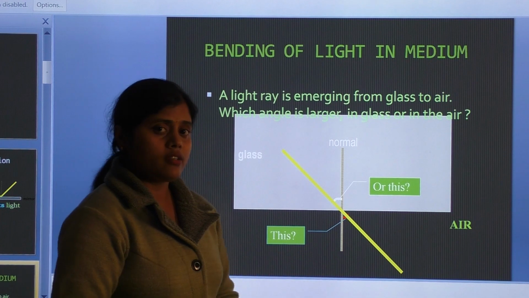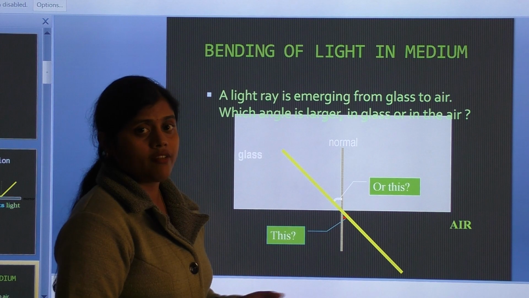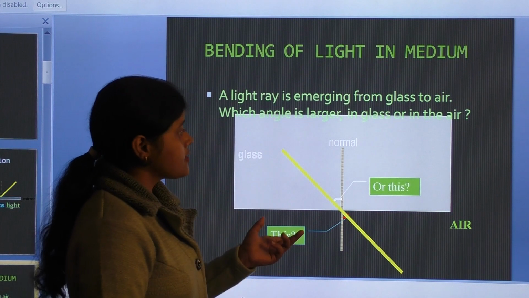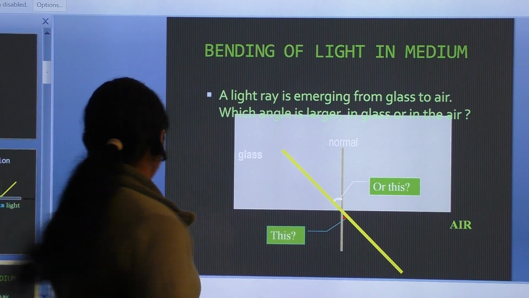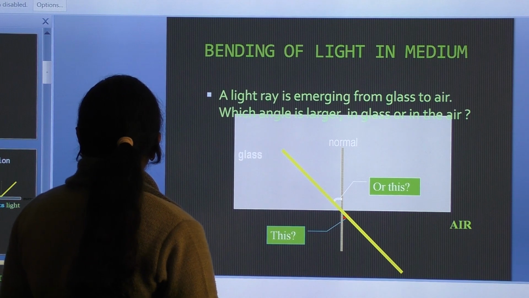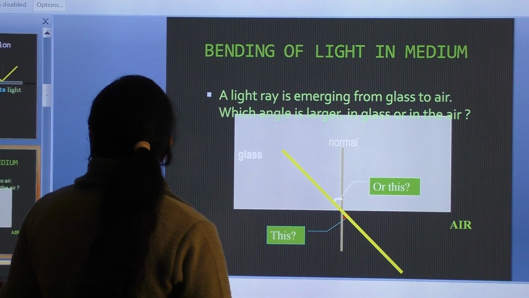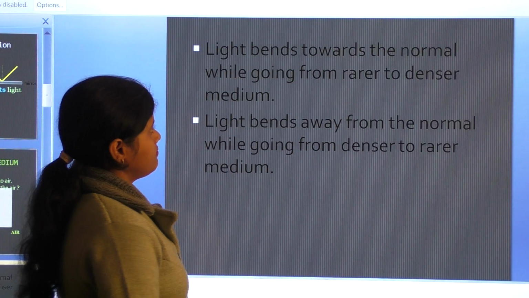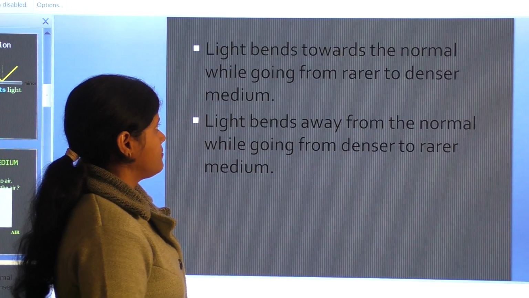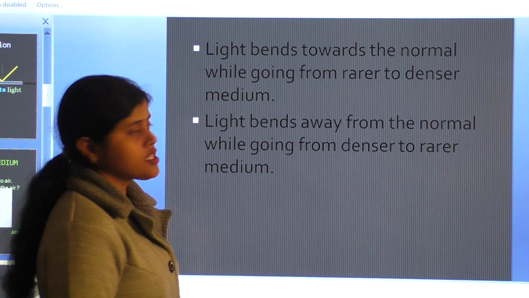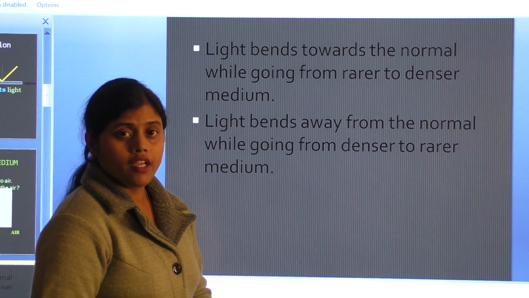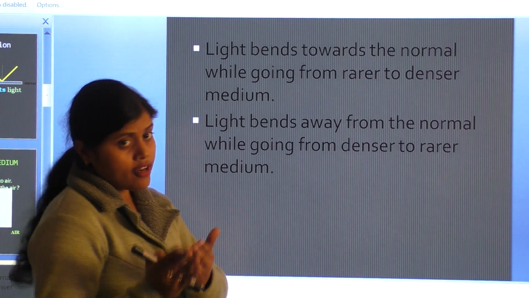So what this indicates is that if light is traveling from a rarer to a denser medium, it bends towards the normal.